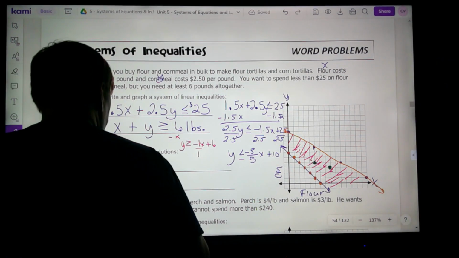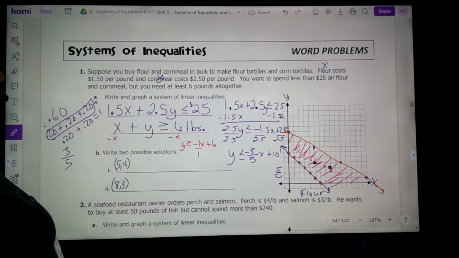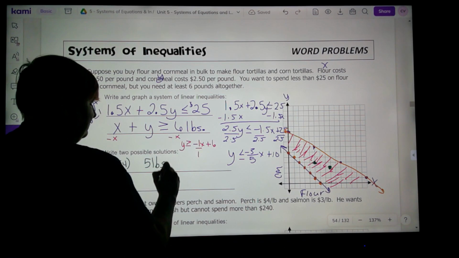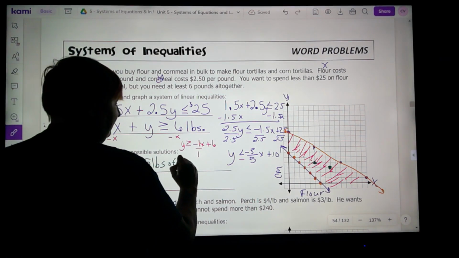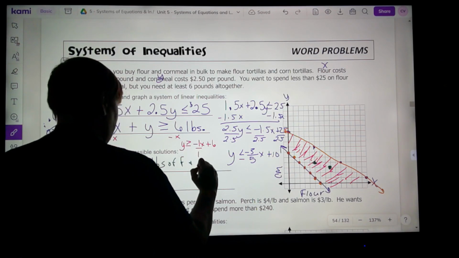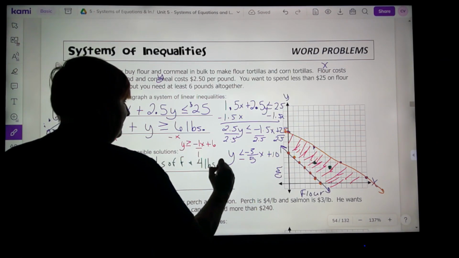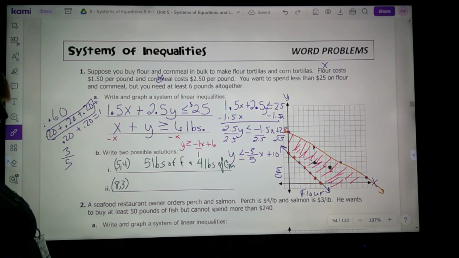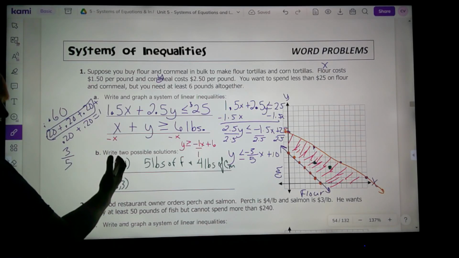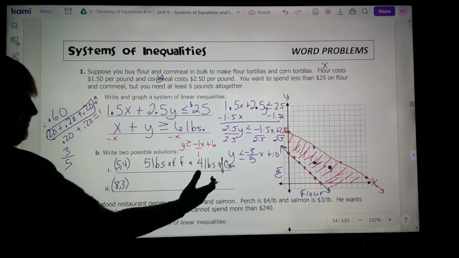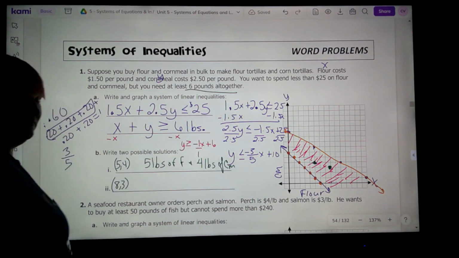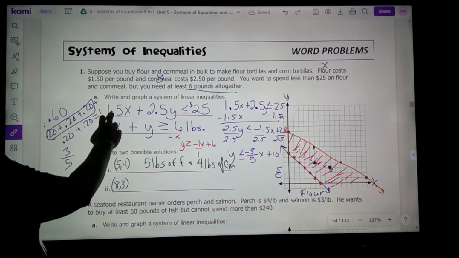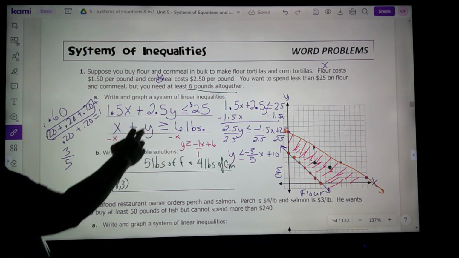So what does it mean that I picked 5 and 4 and 8 and 3? That means I can get 5 pounds of flour and 4 pounds of cornmeal and stay within our limits. It's at least 6 pounds altogether, and 5 pounds will be $7.50, 4 pounds will be $10, $17.50.